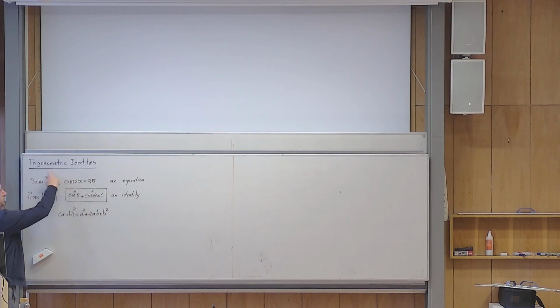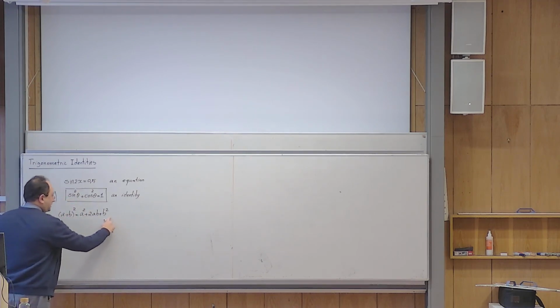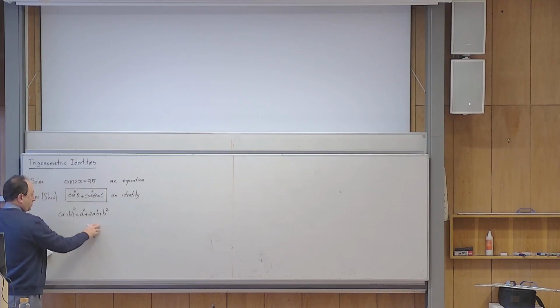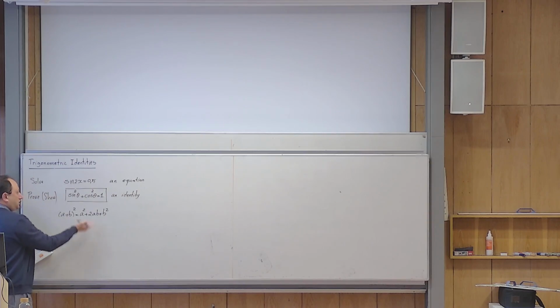When we have trigonometric identities, it means trigonometry is involved in it. This one is not a trigonometric identity; it is valid for all possible choices of a and b, but we call it an algebraic identity. The other one involves sine and cosine, so we call it a trigonometric identity.